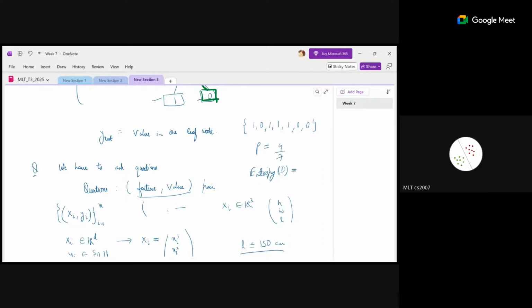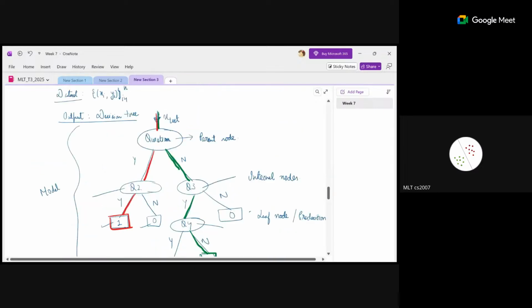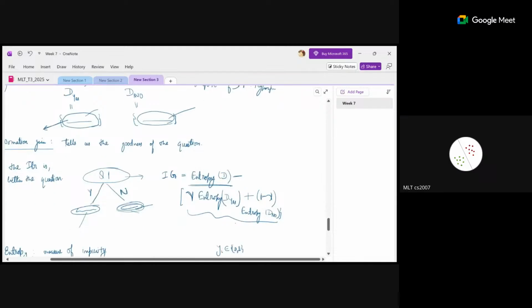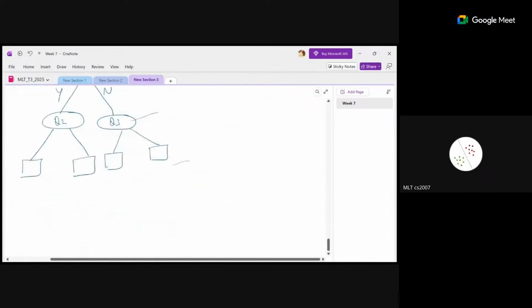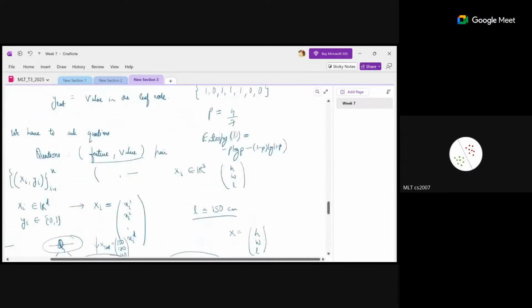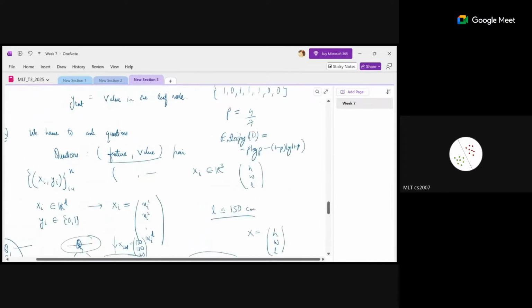So the way we have defined entropy, it is minus P log P minus (1 minus P) log (1 minus P). So once we know P, we can compute the entropy because that is the formula for entropy.